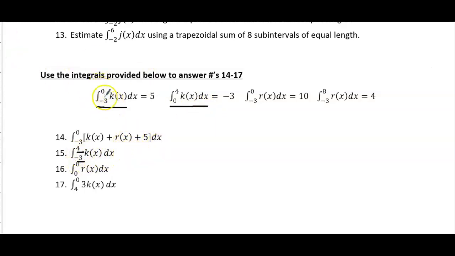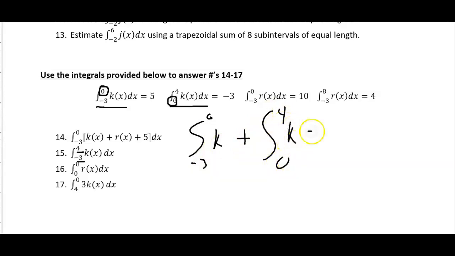Anytime one integral, like this one, leaves off at a number where another integral starts at, then you could put those integrals together. So what that means is if I have -3 to 0 for k, if I add that to the integral of 0 to 4, that is going to give me the same thing as if we were just going all the way from -3 to 4.